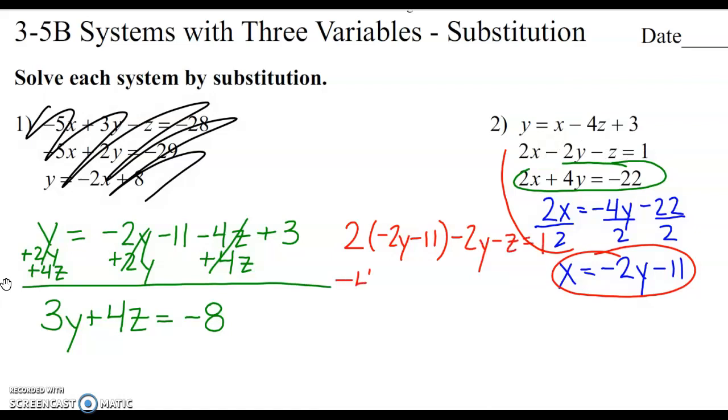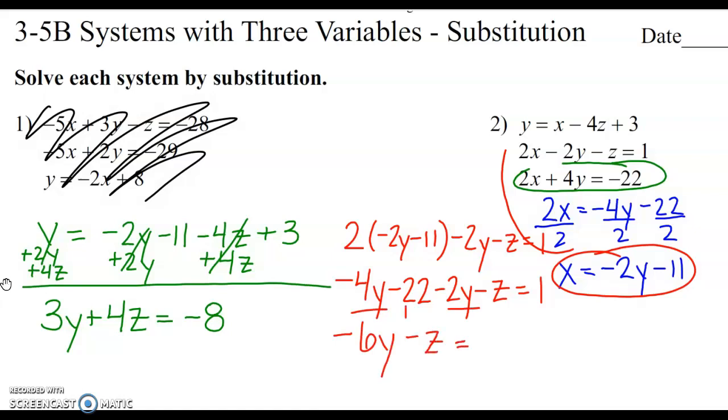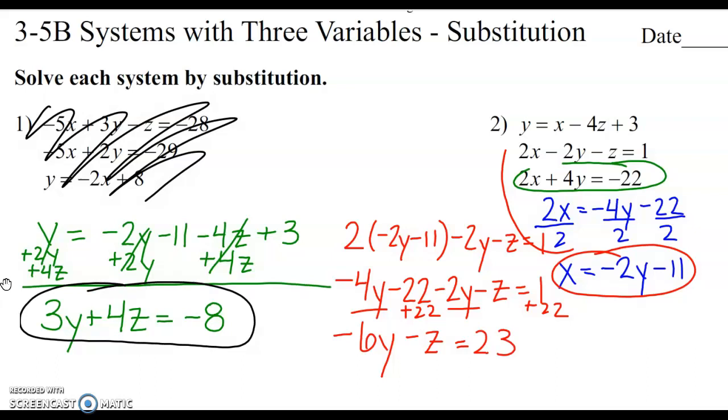So I distribute, I get negative 4y minus 22, still minus 2y minus z equals 1. Combining like terms here, I get negative 6y minus z equals, I add that negative 22 to the other side, so 23.